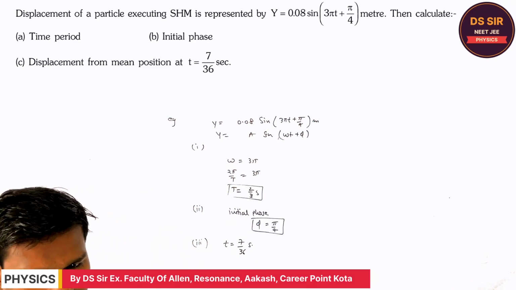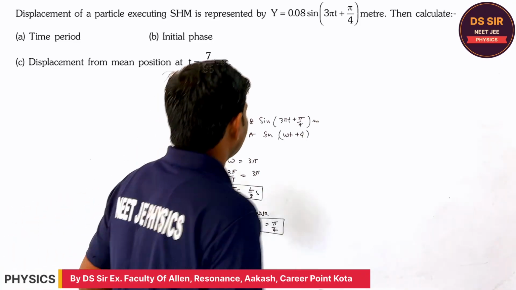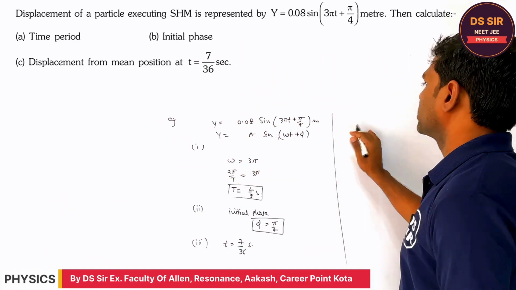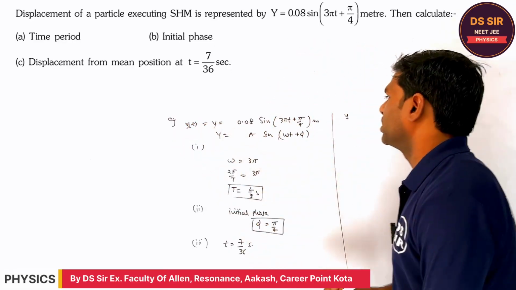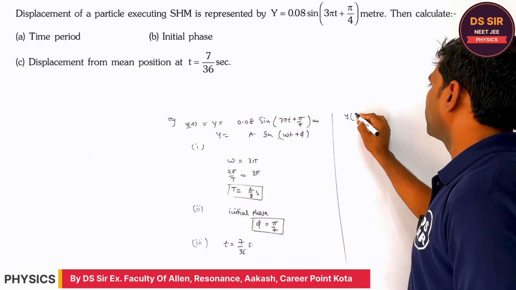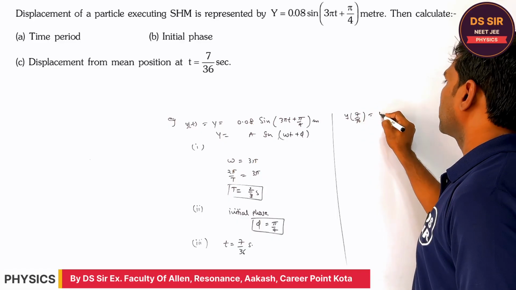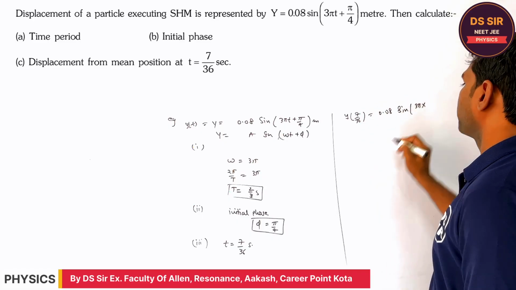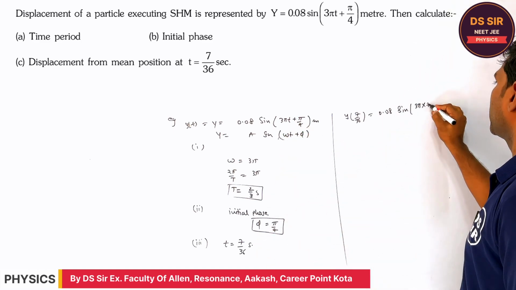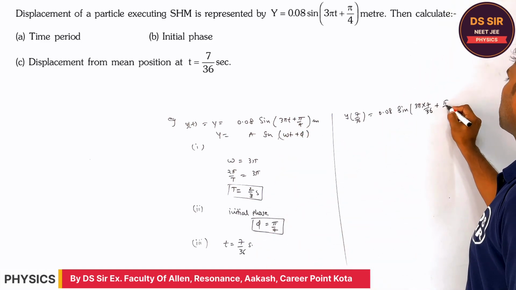So how to find this displacement, you tell? Just put the value in this case. This is the displacement as a function of time t. If you put the value of t over here, 0.08 sine, 3 pi, what is the value of t? 7 upon 36, plus pi by 4.